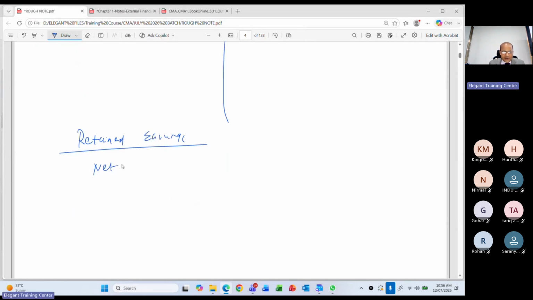Net profit. The company has a net profit, let's say 20 million dirhams. This net profit is for whom? For the shareholders. Very good. For the shareholders.